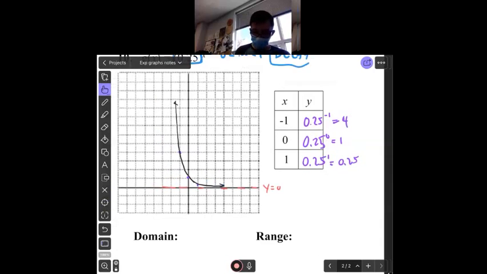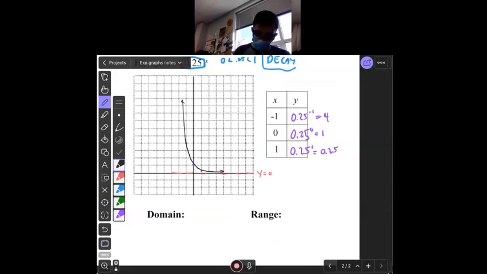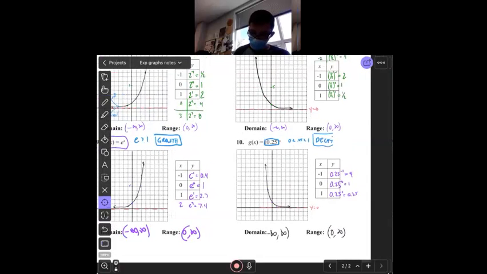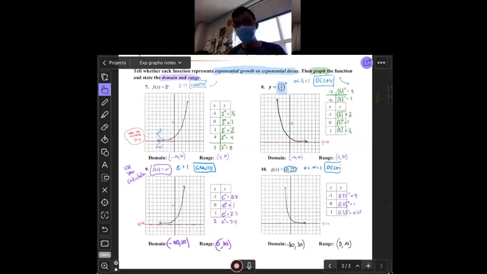It's only 1/4 of what it was each time. Look at the steepness of that one compared to that one. Much steeper decay. That's closer to 0 than that was.